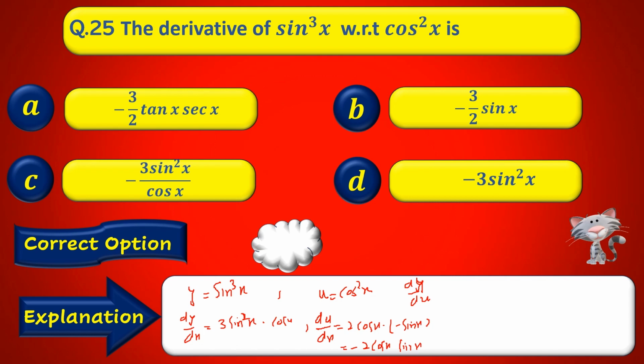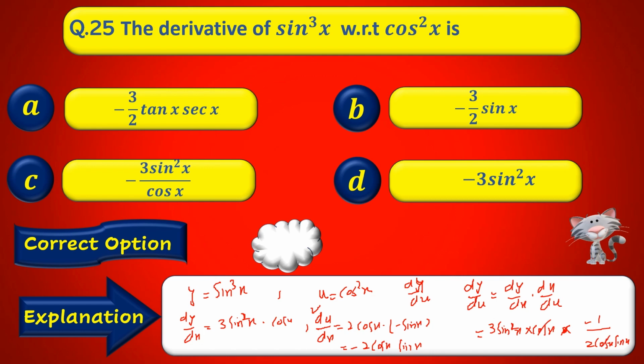Now we apply the chain rule and find dy by du. It can be written as dy by dx into dx by du. dy by dx is 3 sine square x into cos x, and we take the reciprocal of du by dx and write it as minus 1 over 2 cos x sin x.